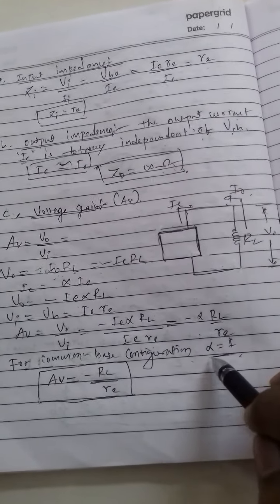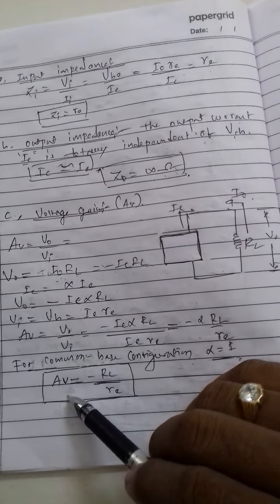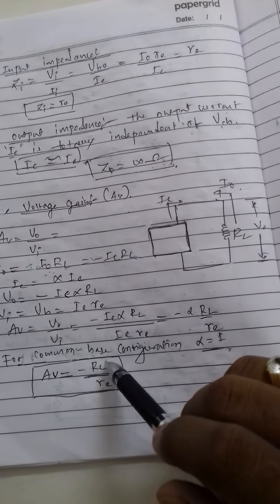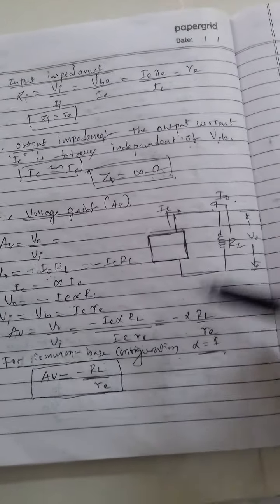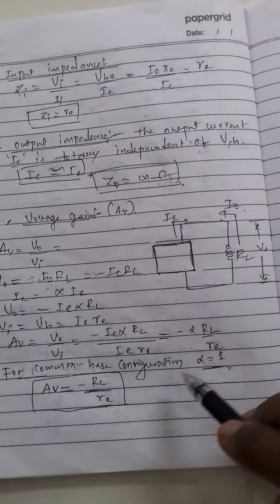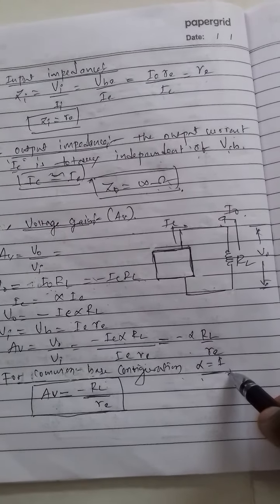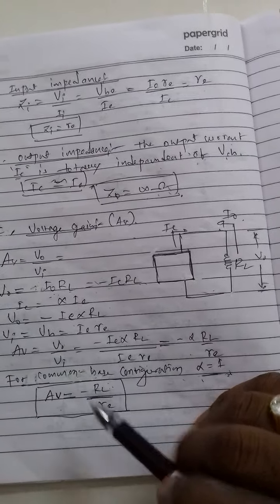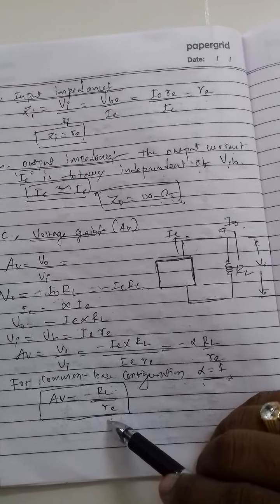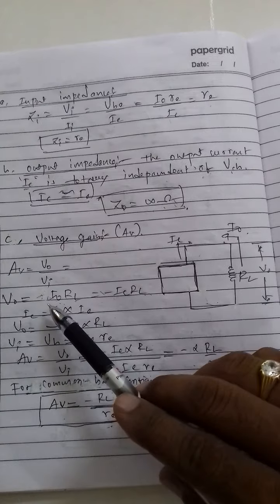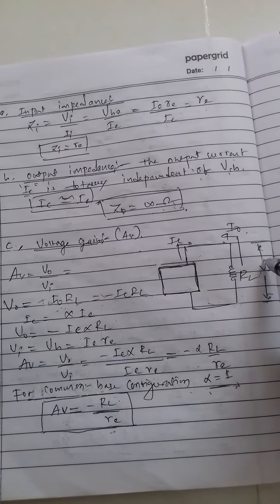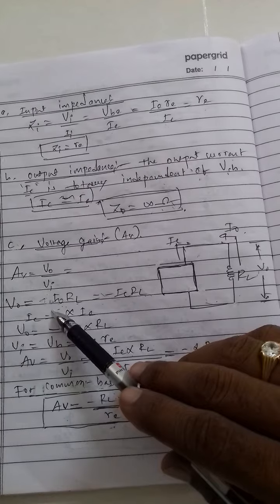For common base configuration alpha is equal to 1, so the voltage gain is equal to minus RL upon RE, because the current gain alpha is equal to 1.